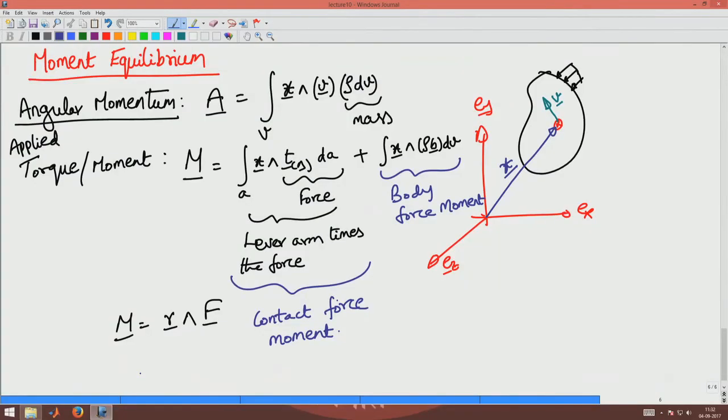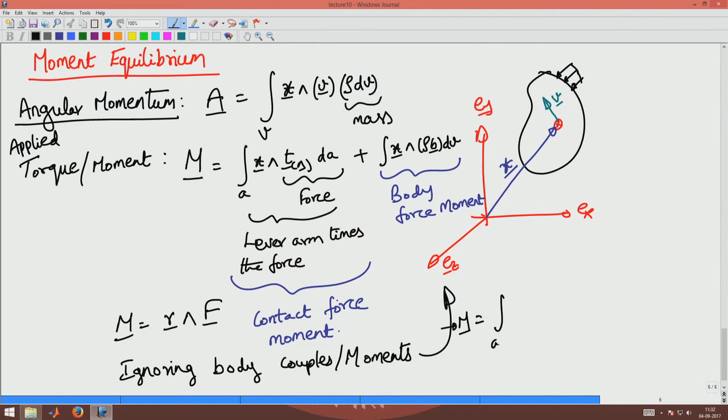Under that assumption, m is given by the integral of x cross T's of n dA plus x cross rho b dV.